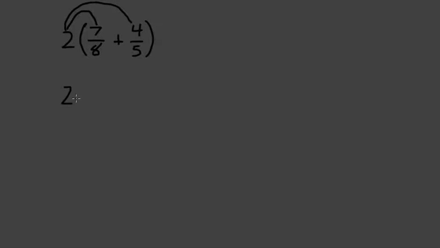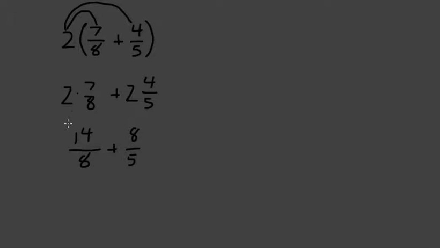So now it's 2 times 7/8 plus 2 times 4/5. All right, well, 2 times 7 is 14, so it's 14 over 8, and then plus 8 over 5.